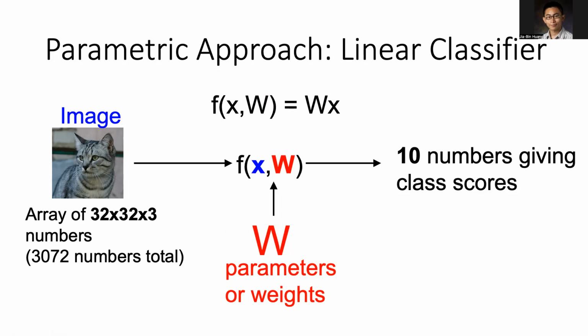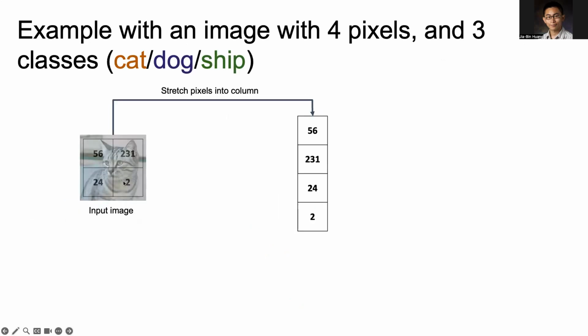It's a little hard to see what this looks like, so let's not work with 32 by 32. Let's work with just a 2 by 2 image. Imagine I have a 2 by 2 image and you vectorize it, and let's just work with grayscale. So each image is just 4 numbers. And instead of 10 classes, let's work with 3 classes.